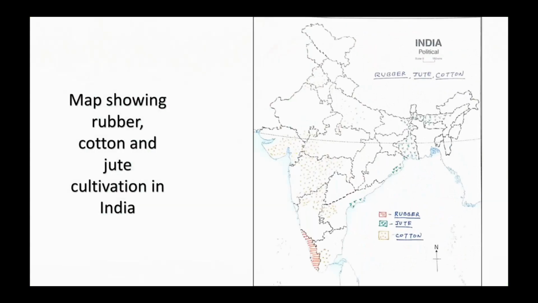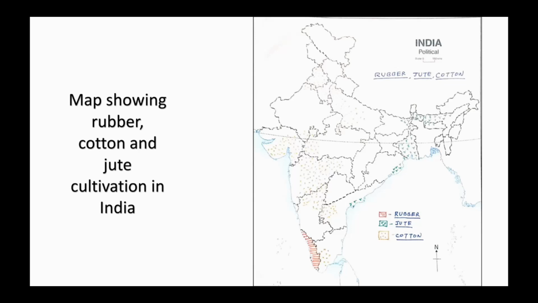Now here is one map I am showing you, the distribution of jute, rubber and cotton. You see, rubber production state I am showing here is mainly Kerala, then Tamil Nadu in some parts. Next, cotton grows well in Tamil Nadu, Karnataka, Andhra Pradesh, Maharashtra, a major area, Gujarat and MP.